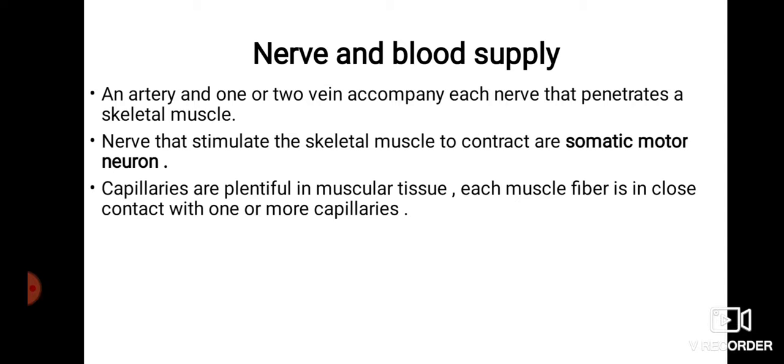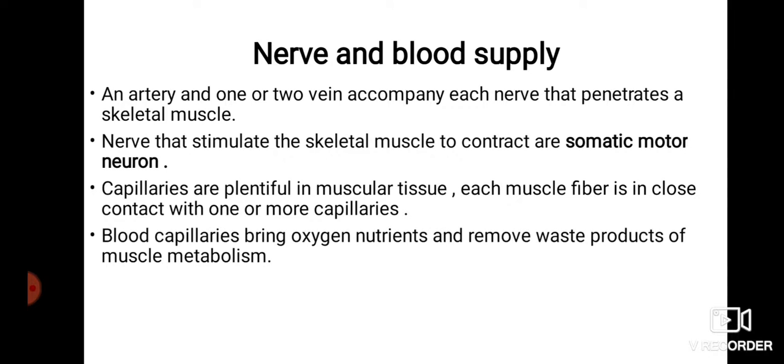The capillaries are in the muscular tissue, and each muscle fiber is in close contact with one or more capillaries. So the muscular tissue has capillaries, and each muscle fiber inside the fascicles is in close contact with one or two capillaries. Why close contact?